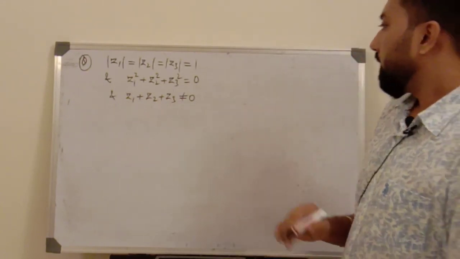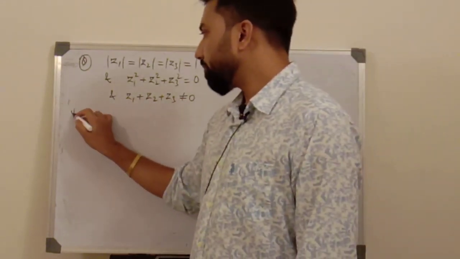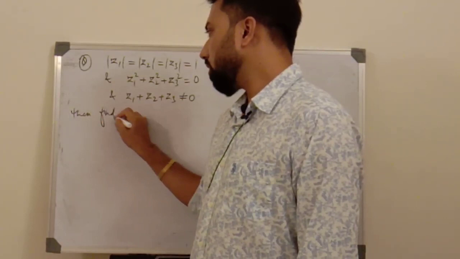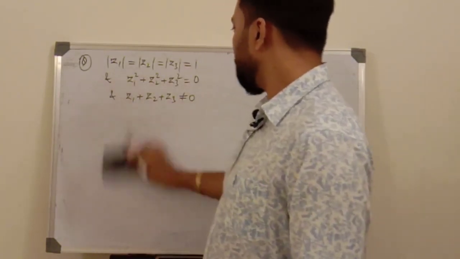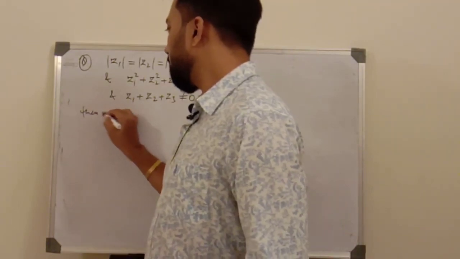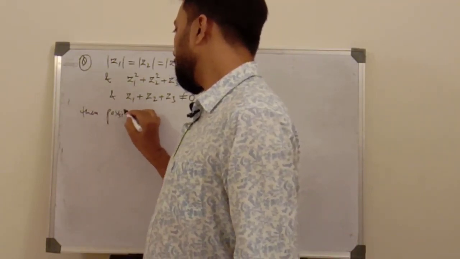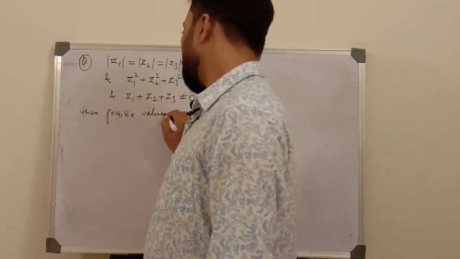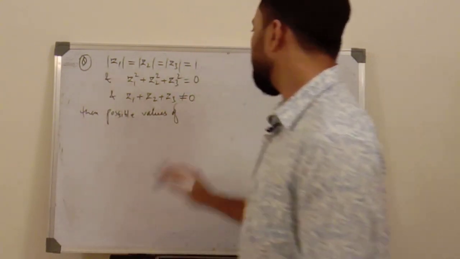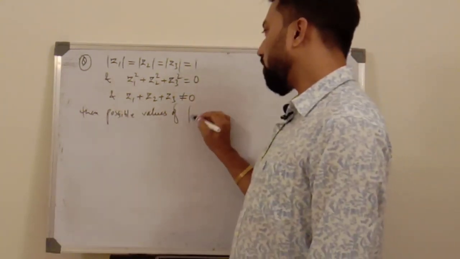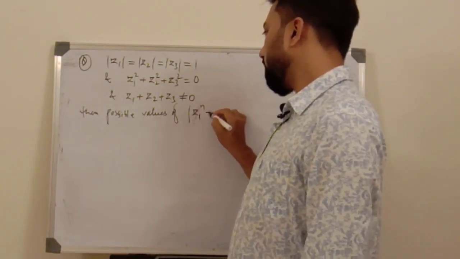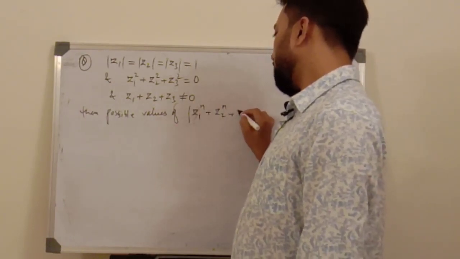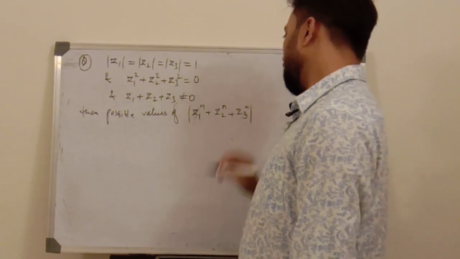Okay, then find the possible values of modulus of z1 raised to the power n plus z2 raised to the power n plus z3 raised to the power n.